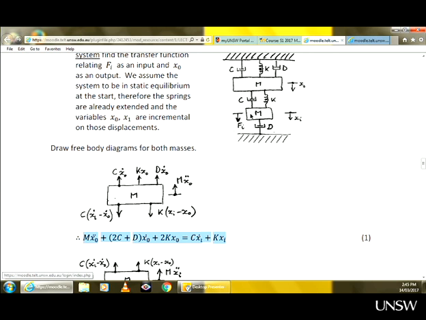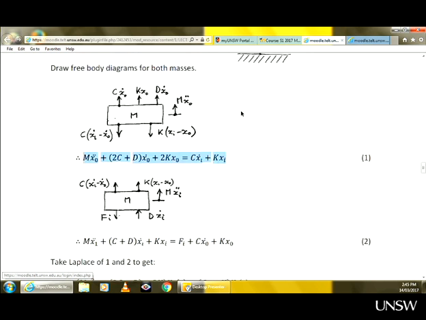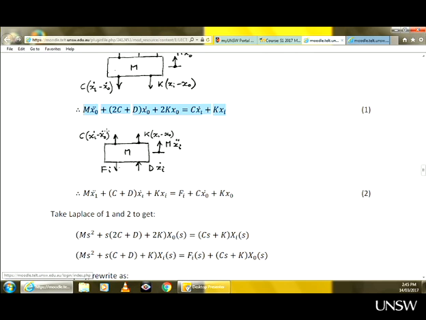The spring will expand initially, therefore pulling upwards. And similar will happen with the damper. So you have this force acting upwards, this force acting upwards. Fi, as we said earlier, acting downwards, but this one acting upwards as well.